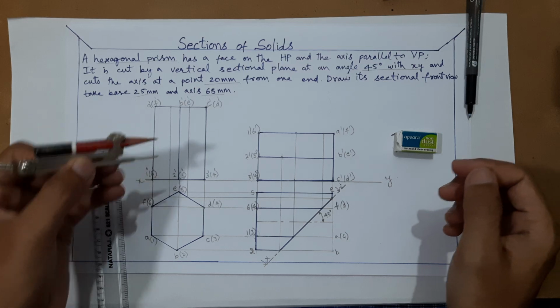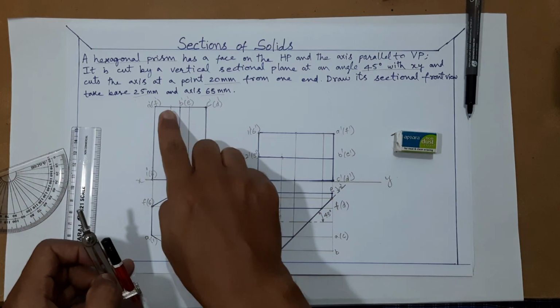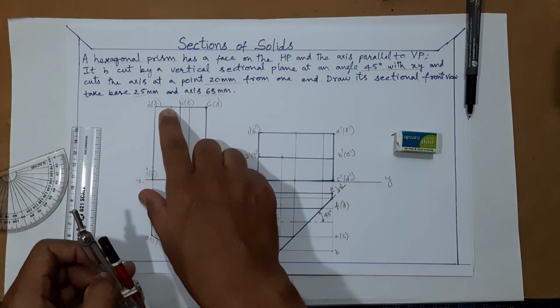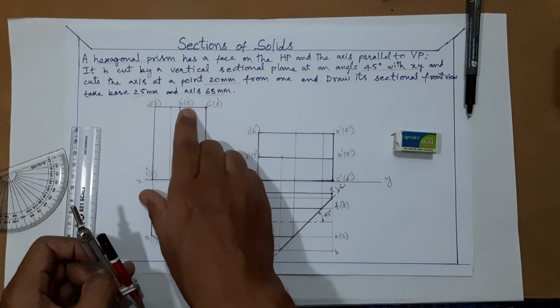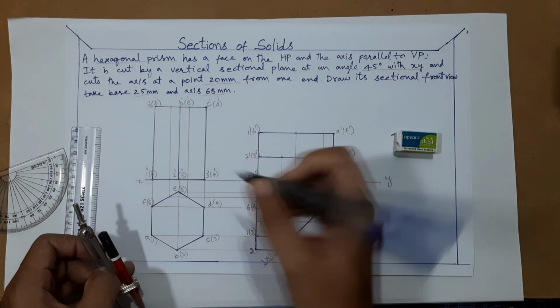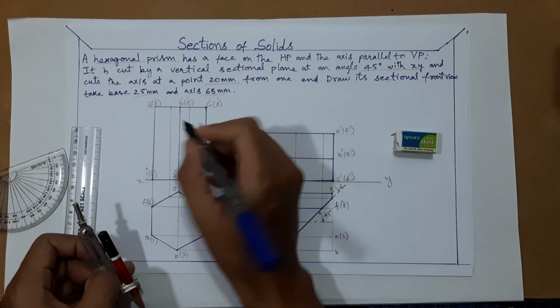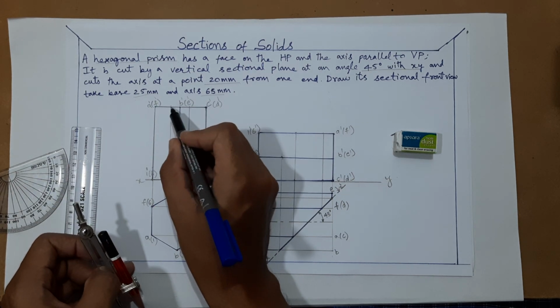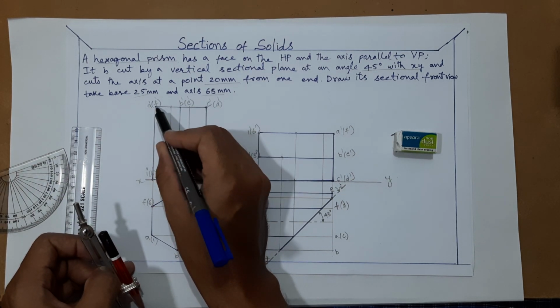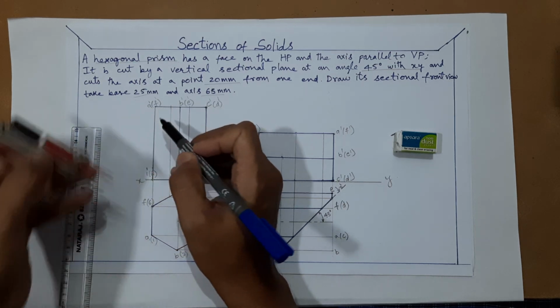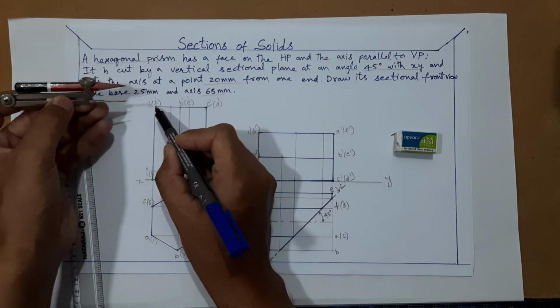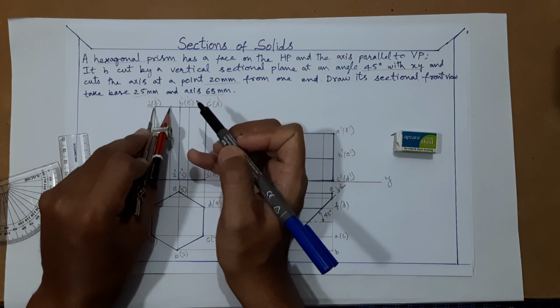So here is the compass. What you have to do, as I said, this point is shifted here. It is in between A and B, or you can say in between F and E. B and E points are here, A and F points are here. This point is in between AB or in between F and E. This point distance I'll measure from this corner, say A or F, to this distance, like this.